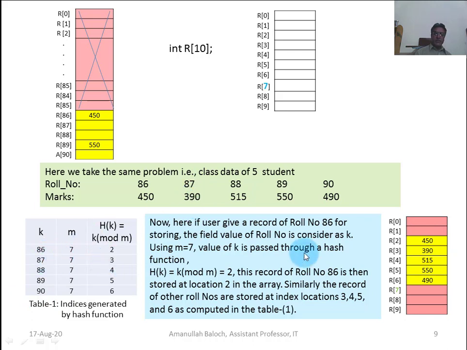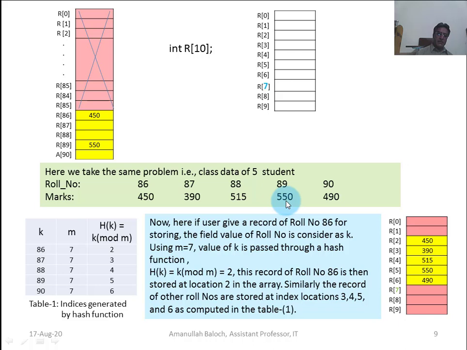At R of 3 location we will store 390. At R of 4 location we store the record of 88, which is 515.